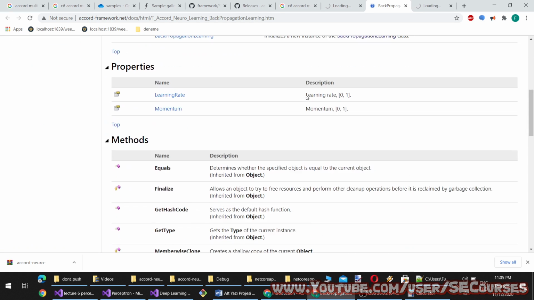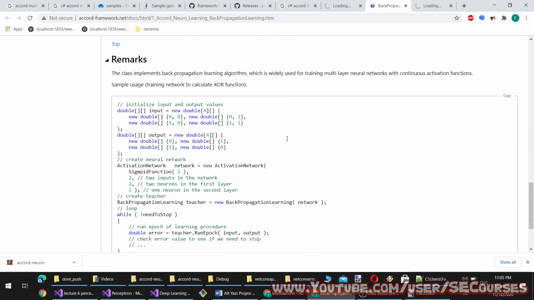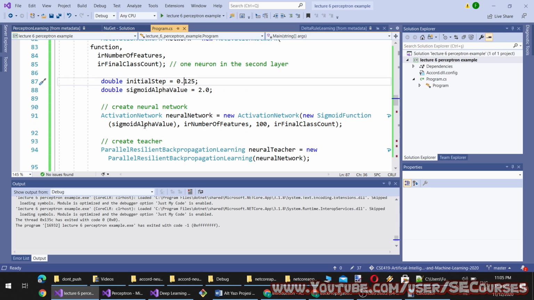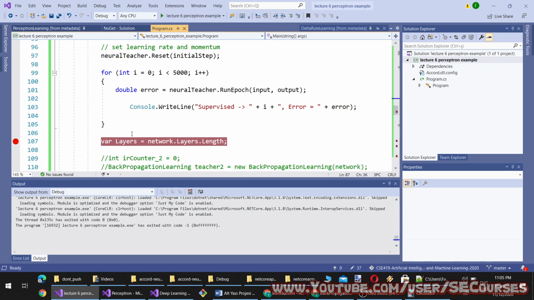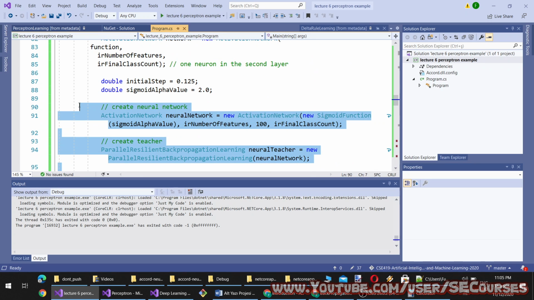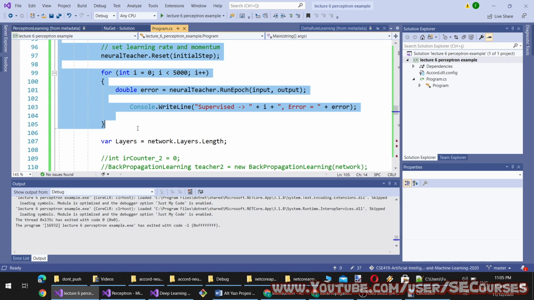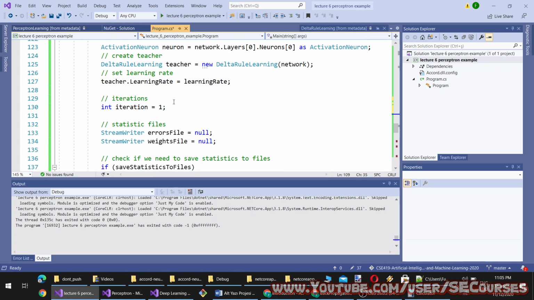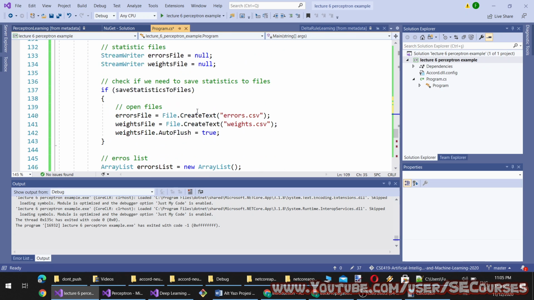Okay, backpropagation learning. I think this is a good one. Yeah, I will try this. I'm hoping that this will work. Let's remove this as well.